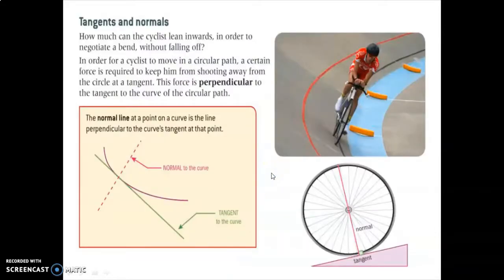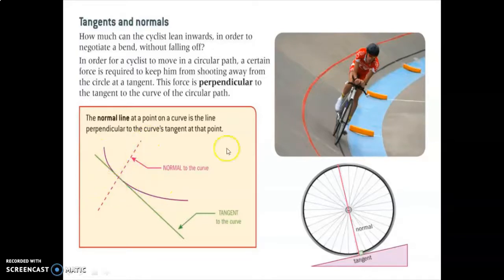Okay, here's kind of an interesting application of normal and tangent lines. So imagine you have a cyclist and they're going around a track. This doesn't have to be a cyclist. It can be a car or anything that's riding around on a sloped surface. There's some force, if you've learned anything in physics like this. You can see here, for example, here is the track or the wheel, here's the tangent, and here's the normal.